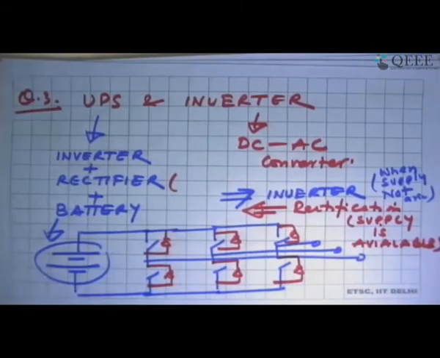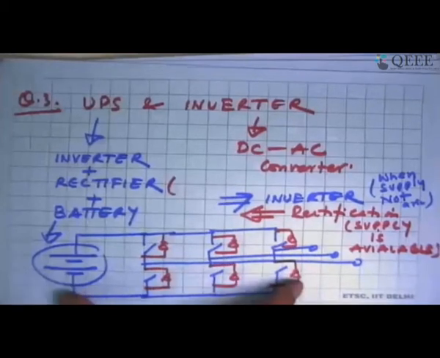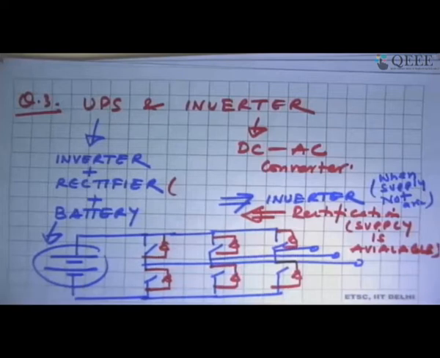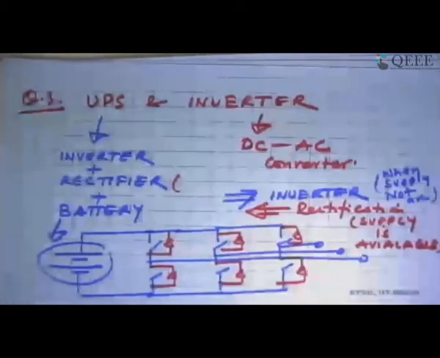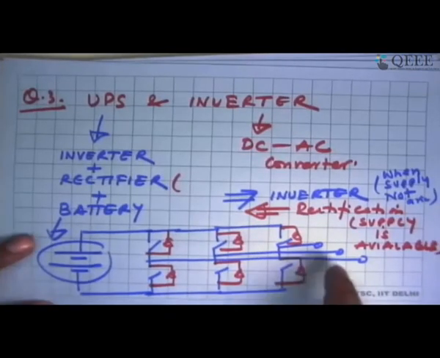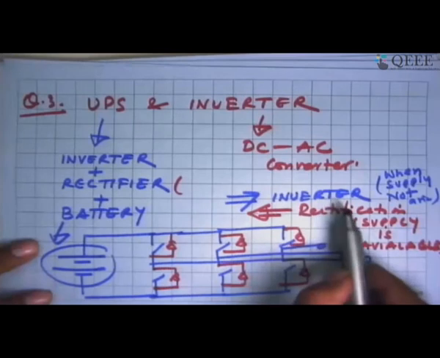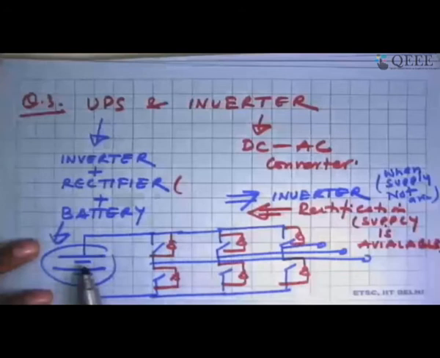So what is a UPS? A UPS is an inverter plus a battery. You all know that all switches have anti-parallel diodes for handling when there is no power supply. Without the supply, this will work as an inverter. If battery voltage is available, this will generate three-phase voltages.